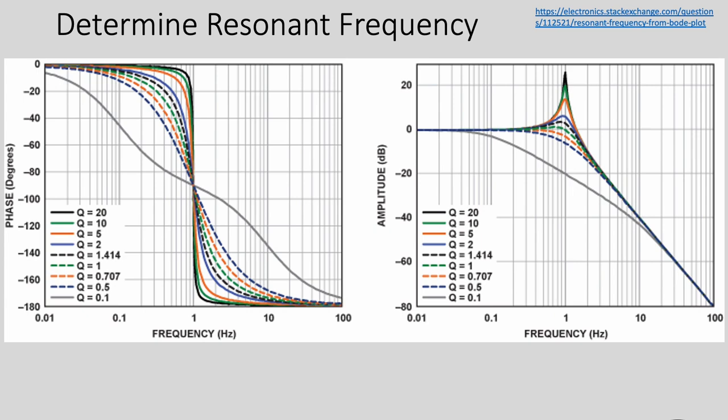And then in our gain plot on the right side with amplitude as our y-axis and frequency as our x-axis, we can visually see where the resonant frequency is.